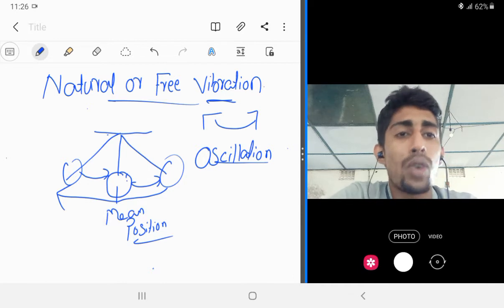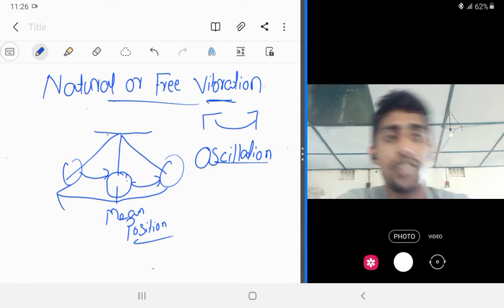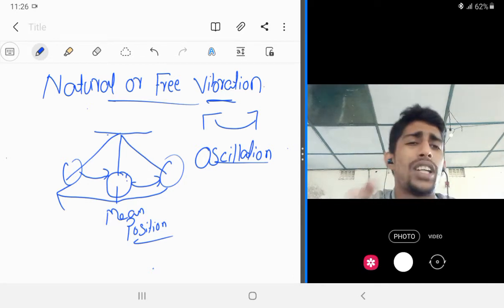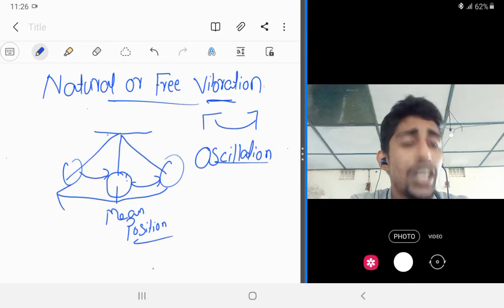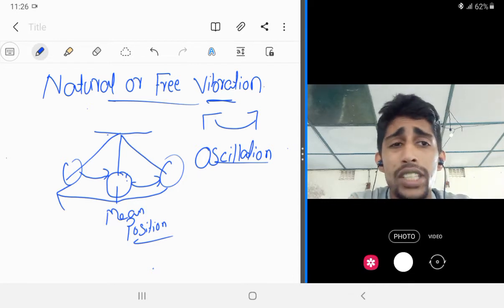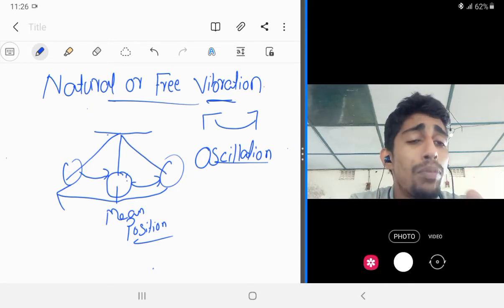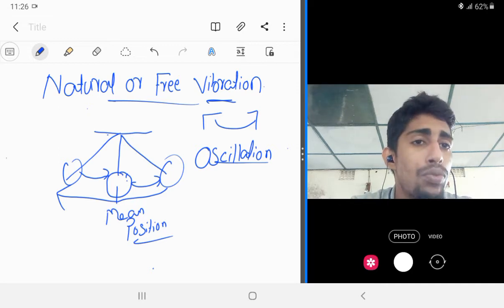Then if there are no resistive forces... In our earth there are different types of resistive forces. Our air is a resistive force. Like that, each and every medium will possess a resistive force.